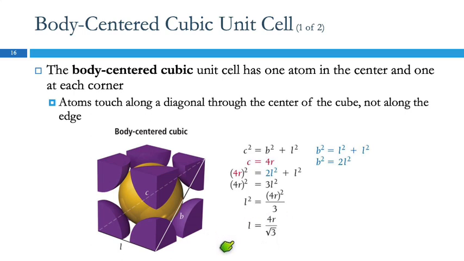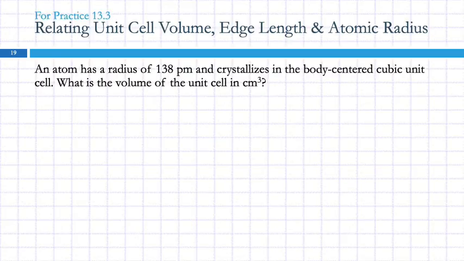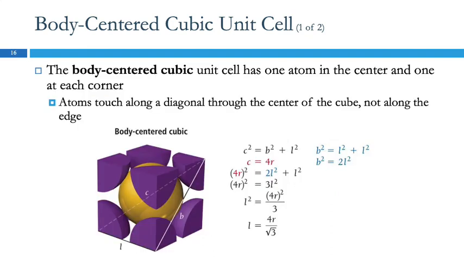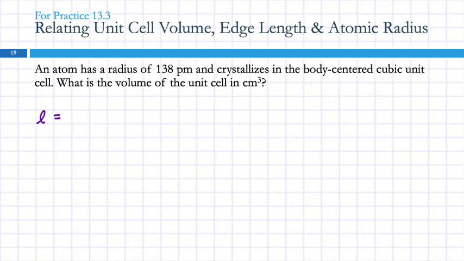I don't expect you to remember that, okay? So this one, we're doing a body-centered cubic. So before I forget, the edge length is equal to, I forgot already, 4R over the square root of 3. 4R over the square root of 3.